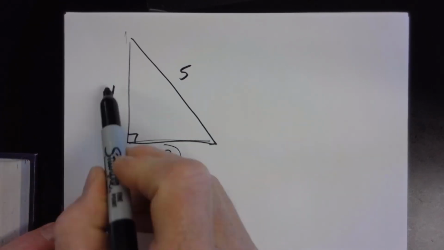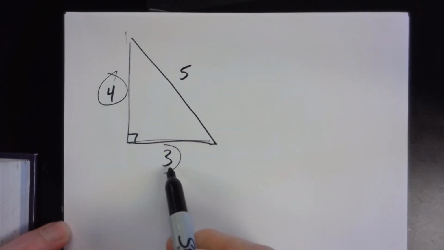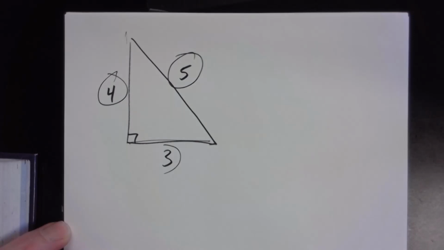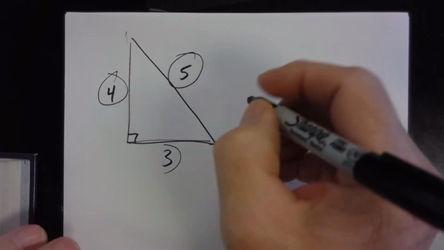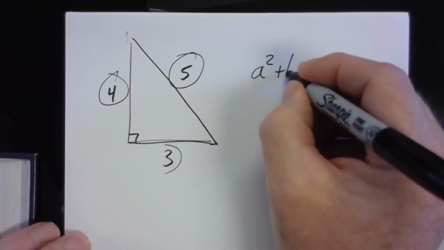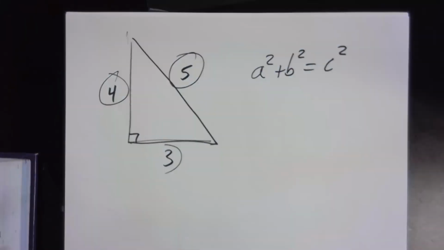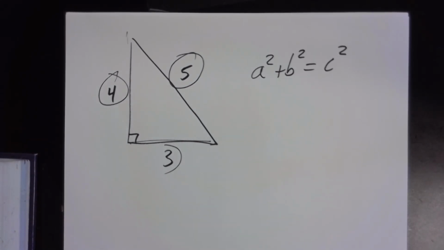If I square that one and square that one and add them together, it's equal to the square of the hypotenuse. So I think, according to the 20,000 right triangles I've looked at and measured, that the sum of the squares of the legs is equal to the square of the hypotenuse. I think that's true based on my inductive reasoning, based on my observation. That's my conjecture. Now, we need to do deductive reasoning to prove that that's true.